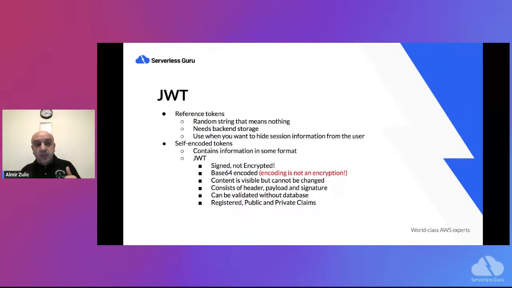With JWT, you don't need to do that. You can do local validation. If you have the key, you can validate the token and see that the token is valid, and this is called local validation. Or you can do token introspection on the server, but we'll get there.